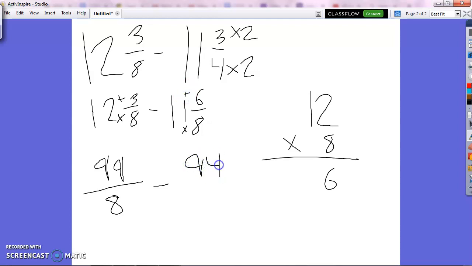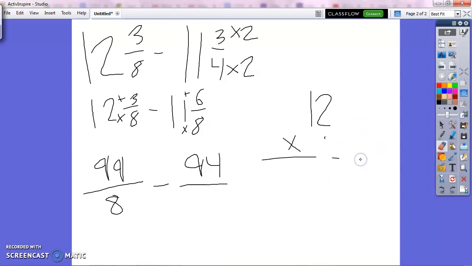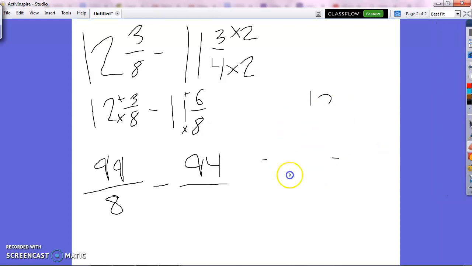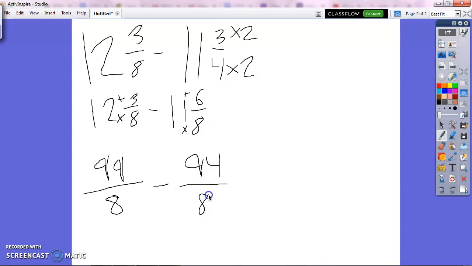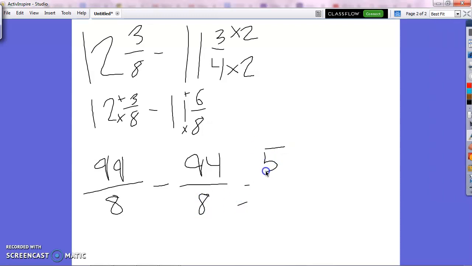And if any of this is confusing, like if you don't remember how to turn a mixed number into an improper fraction, that's definitely something you can look up on YouTube or just let me know. So then I'm going to get 99 eighths minus 94 eighths, and I'm going to come up with 5 eighths because I don't need to do anything to the denominator.